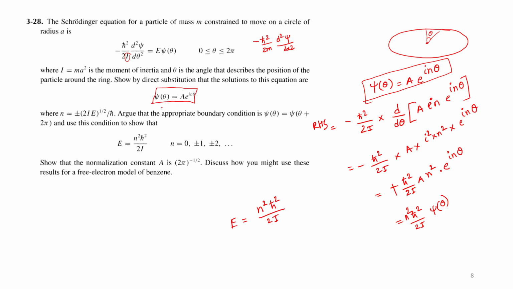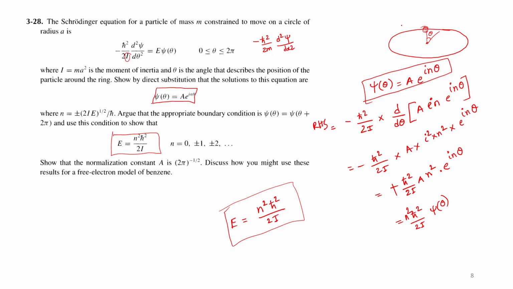Use this to show this, so you are getting n square h cut square by 2I. And now for this, you have already shown from the boundary condition for a rigid rotor that when you make a 360-degree rotation, you come to the same point again.